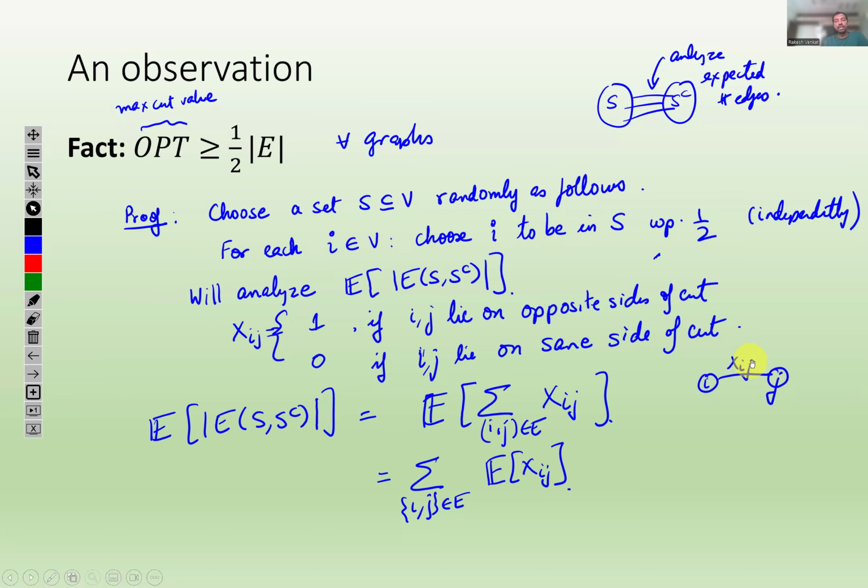What is the probability that x_ij turns out to be 1? I'm tossing a fair coin at i and j, right? So x_ij turns out to be 1 when i turns out to be heads in the coin toss, and j turns out to be tails, or vice versa. That is, i is in S and j is not in S, or i is not in S and j is in S. What is the probability of this happening? It is exactly half, right?